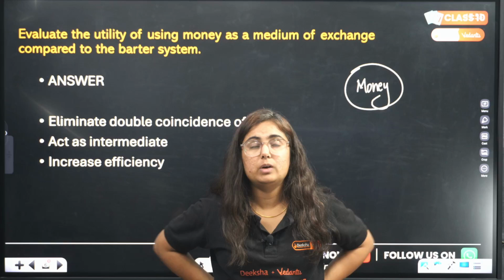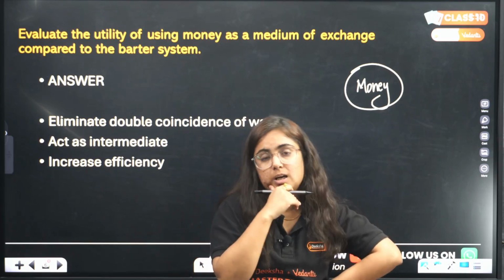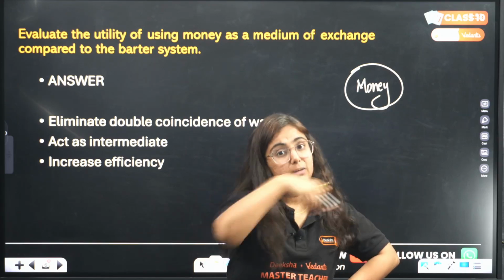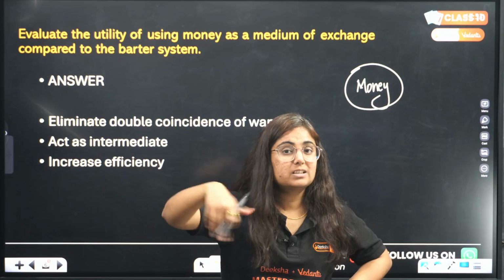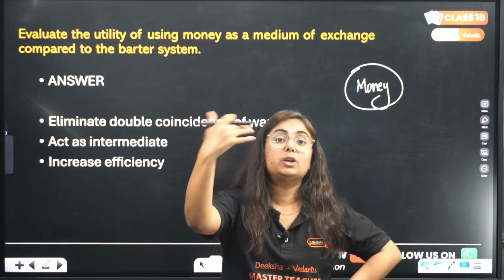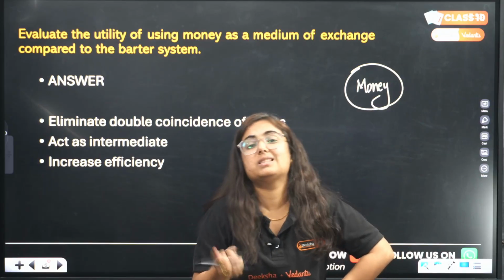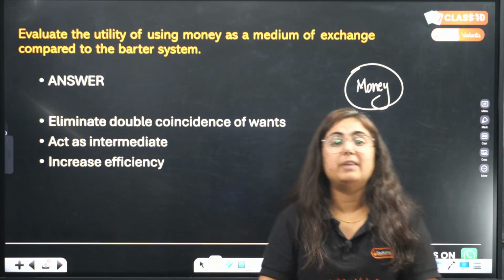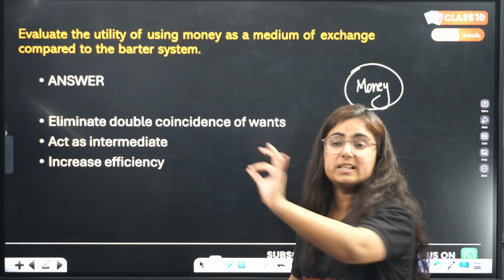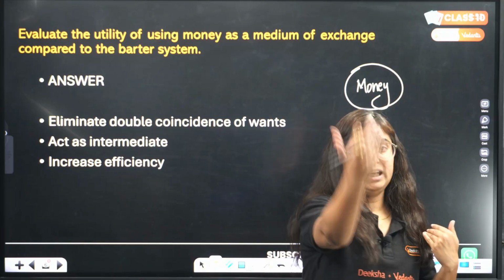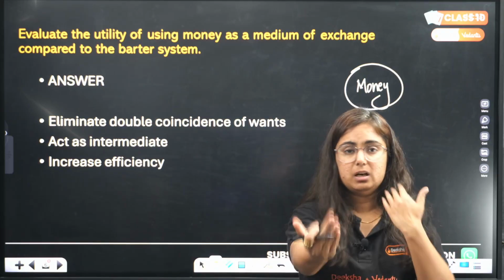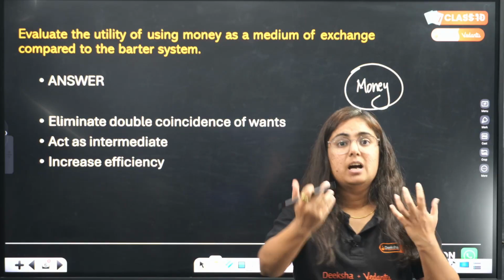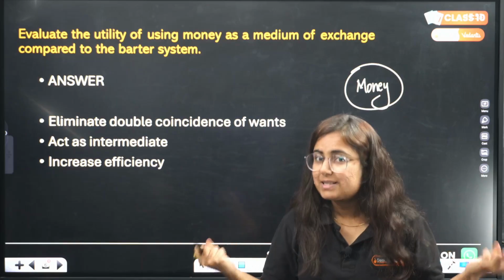What people used to do, bhai, I want wheat, but I am a shoemaker. Let me find in the market who wants shoes, and in exchange get wheat from the person if the person is a farmer. But this system is only possible whenever there is a double coincidence of wants. I wanted wheat, the person wanted shoes, and coincidentally our wants were the same.